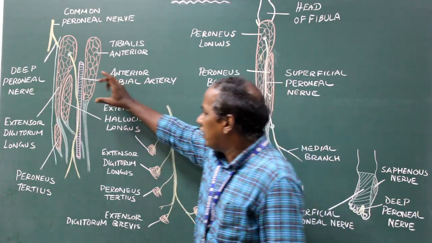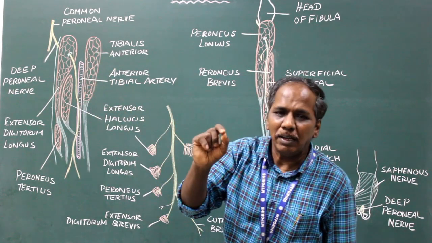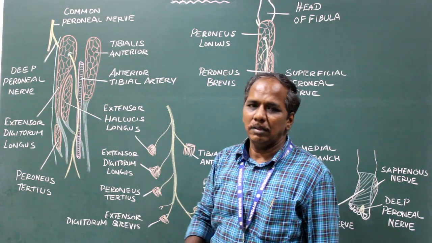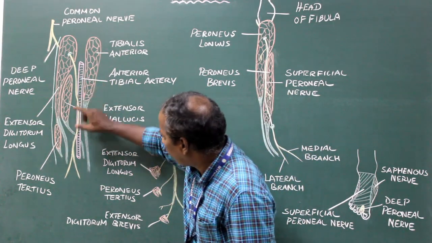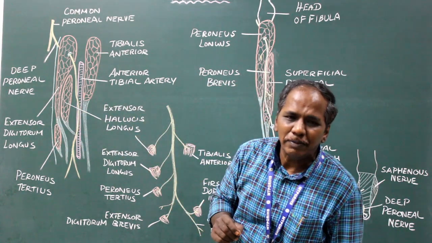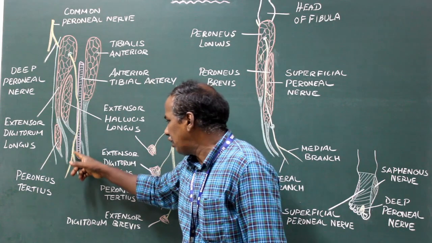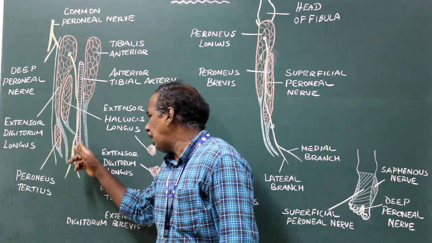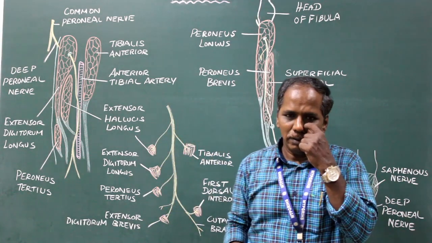In the upper one third of the leg, the nerve is lateral to the anterior tibial artery. In the middle one third of the leg, the nerve is anterior to the anterior tibial artery. In the lower one third of the leg, the nerve is lateral to the anterior tibial artery.